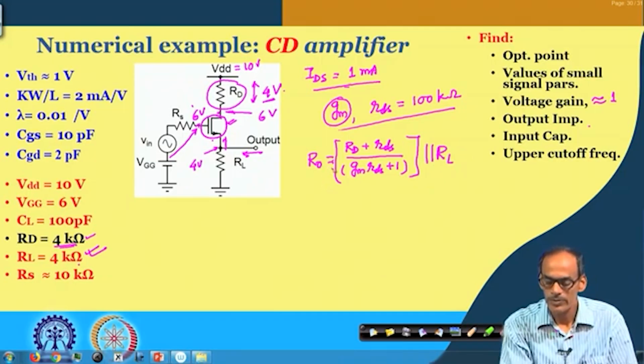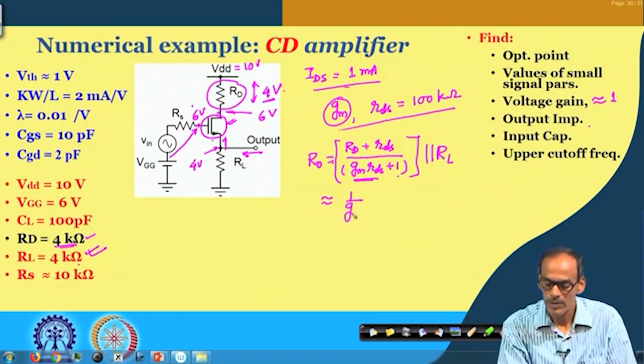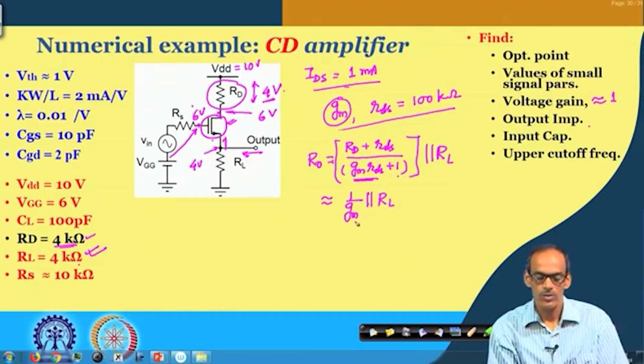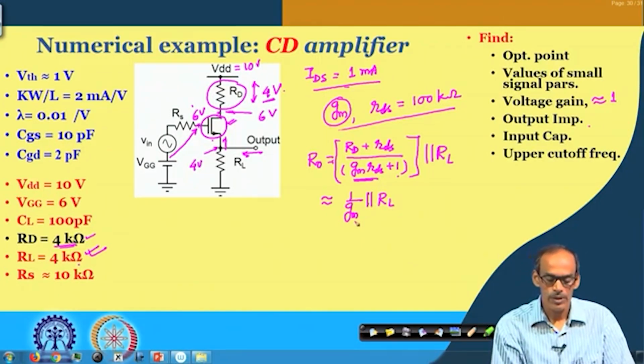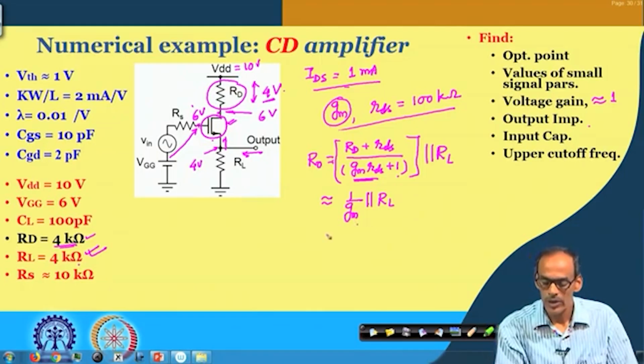Now, here if you see the numerical value, gm RDS dominates over 1, and RDS is also dominating. As a result, this part becomes 1 by gm for all practical purposes, and then RL, even though it is coming in parallel, since 1 by gm is 500 ohms, this can be well approximated by 1 by gm, and it is 500 ohms.